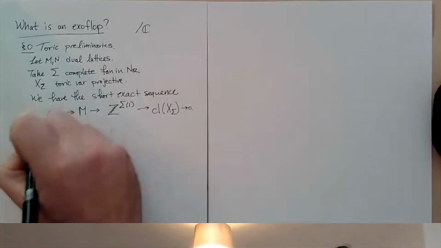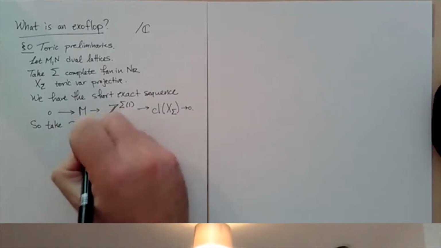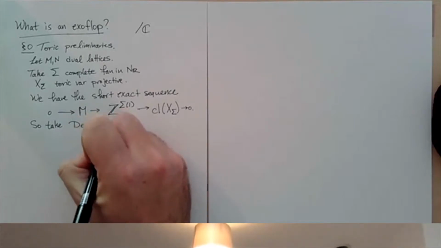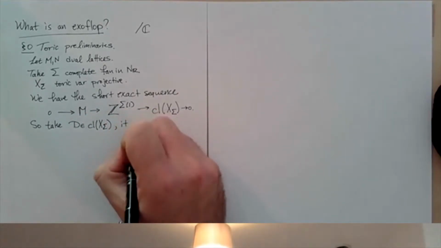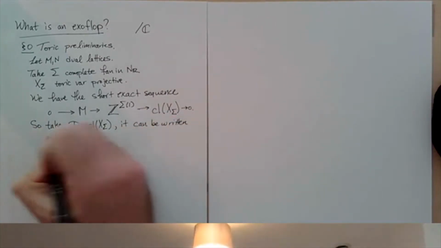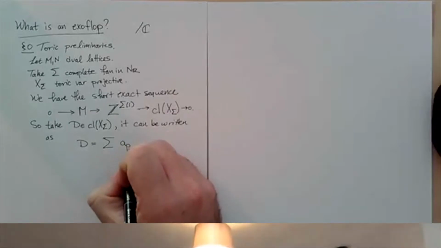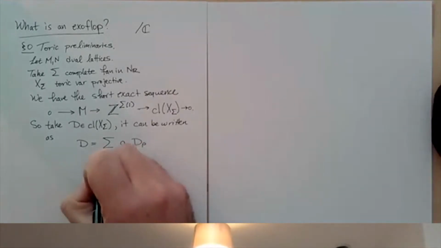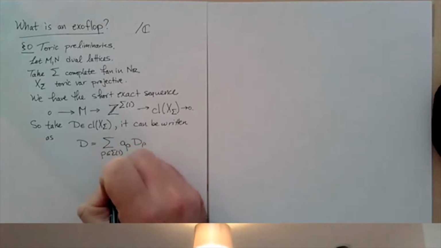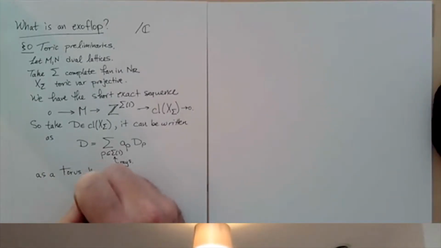Okay, so then we can take some torus Weil divisor D in the class group, and it can be written in the following way: D equals the sum of coefficients a_rho D_rho, where rho are rays in the fan. So as a torus Weil divisor.